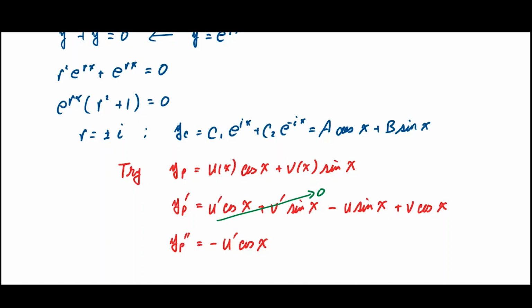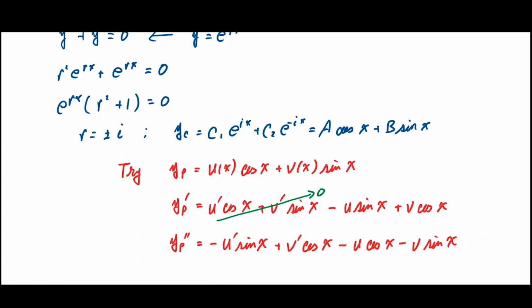Did I write cosine? I mean sine, because I took the derivative of the first. Sine of x and plus v prime cosine of x, the first part, right? And then the second half of the product rule, so this now becomes minus u of cosine of x, and this becomes minus v of sine of x. Are you with me?